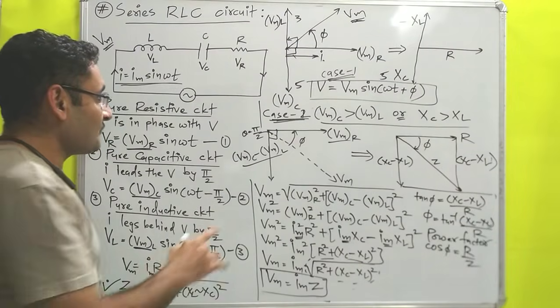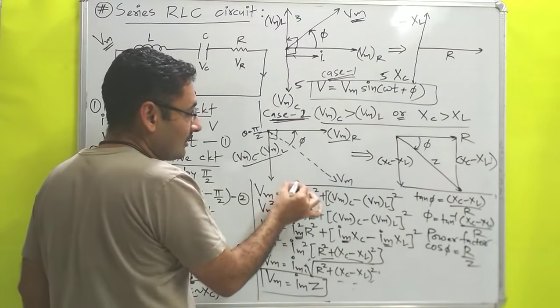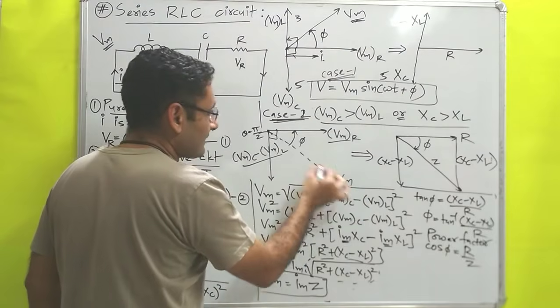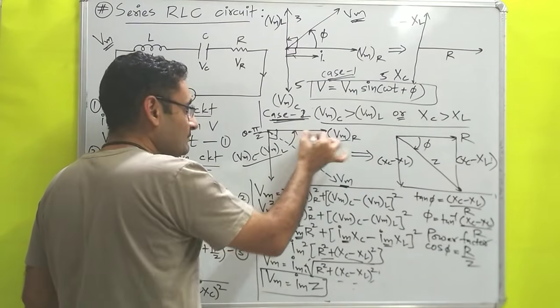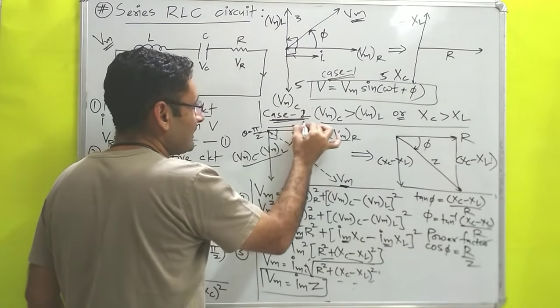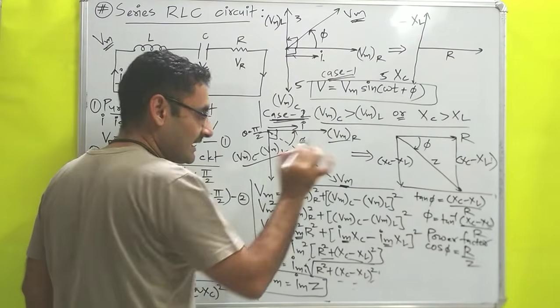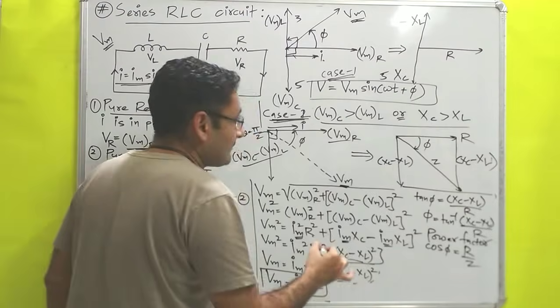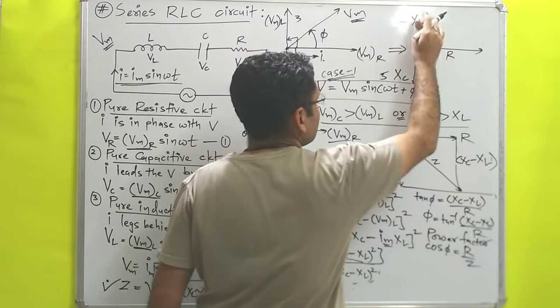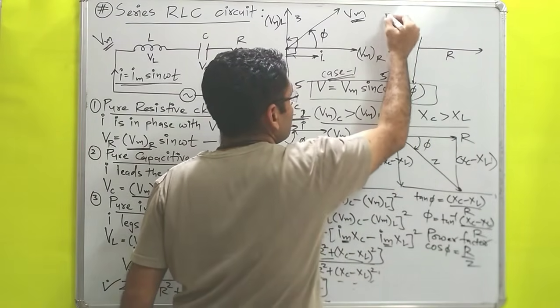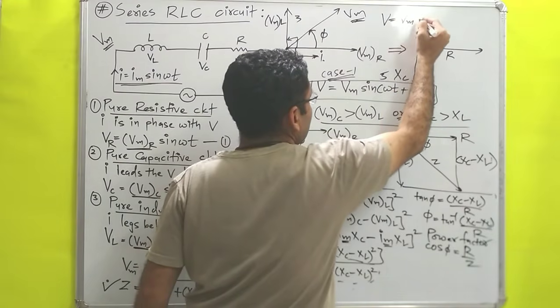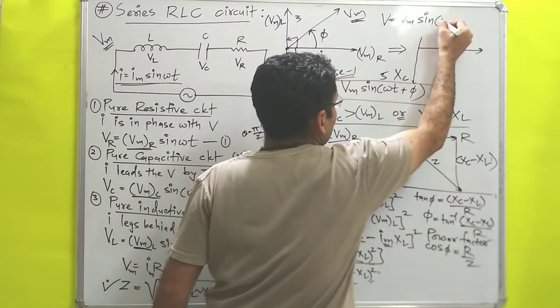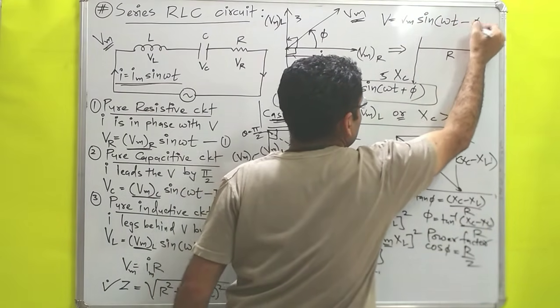Similarly, for case 2, the resultant lags behind the current I. At that time the equation will be V equals Vm sine of omega t minus phi.